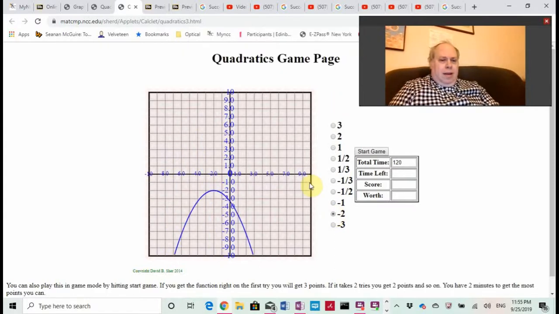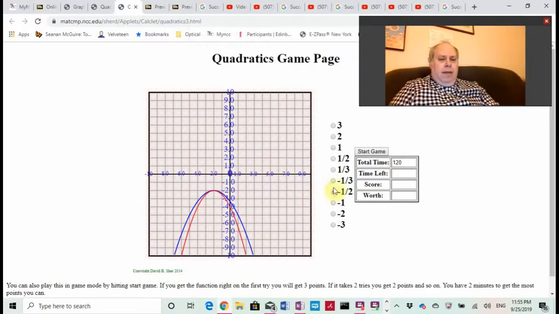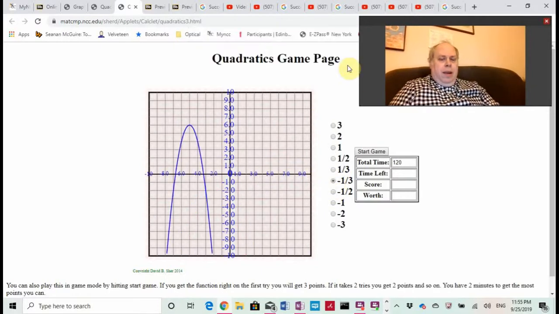There. So this one is definitely one of these negatives. Is it -1/2? No, that's not wide enough. It's the widest one, -1/3. And so that is how this quadratic game works.